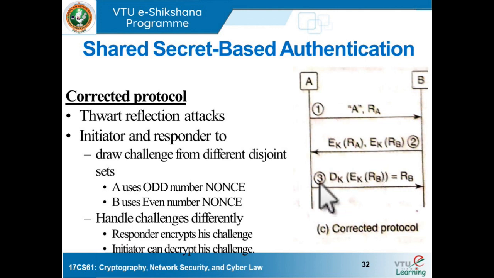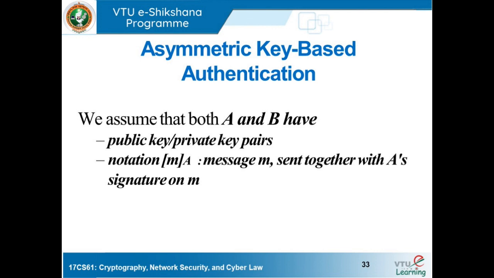Now what does A do? A will perform the decryption in order to send back the nonce which is selected by B. So over here it is performing decryption on the message that is received from B and gets back the nonce or the challenge received from B and sends it to B. Now this is a protocol which is corrected and it overcomes the reflection attack or the parallel session attack.